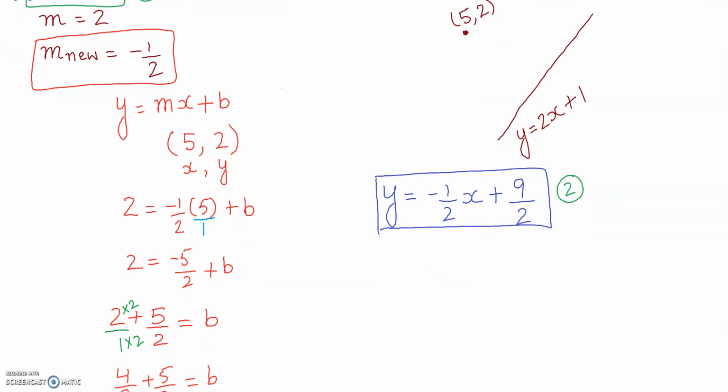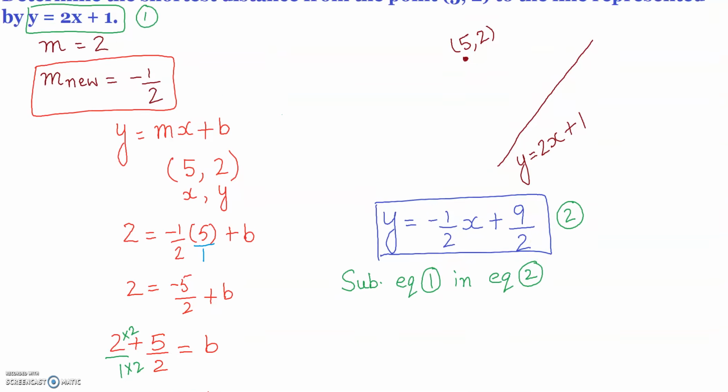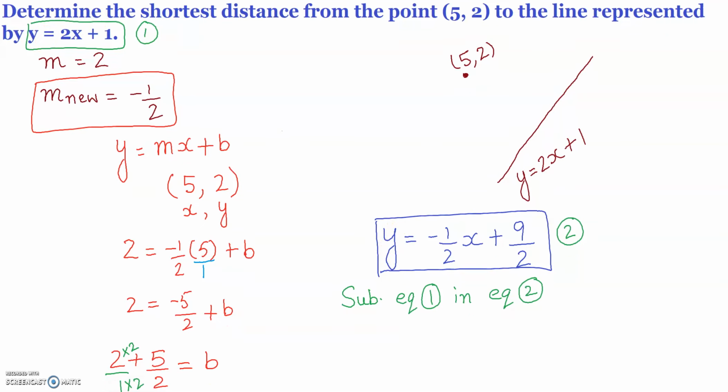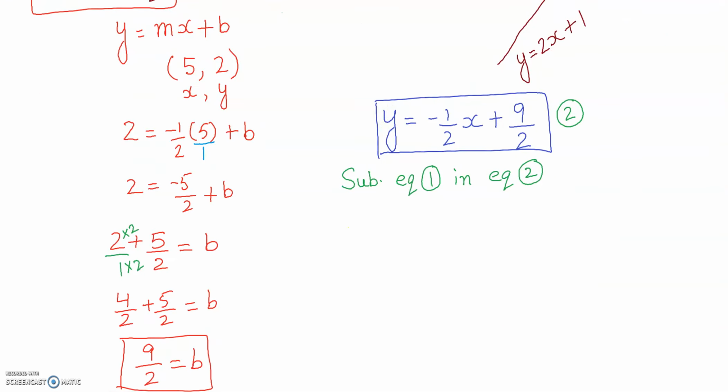That means I will substitute equation number 1 in equation number 2. Equation number 1 is y equals 2x plus 1. So instead of y in equation number 2, I will substitute 2x plus 1, and then negative 1 over 2x is already there, plus 9 over 2.